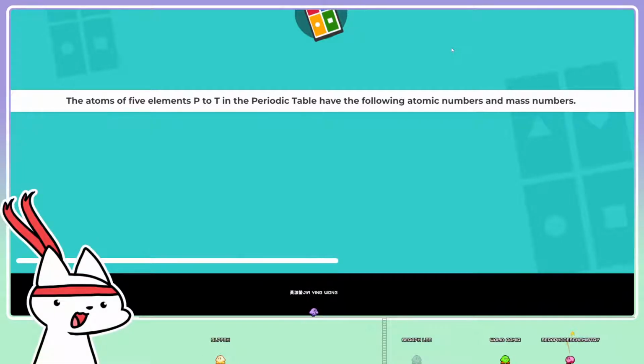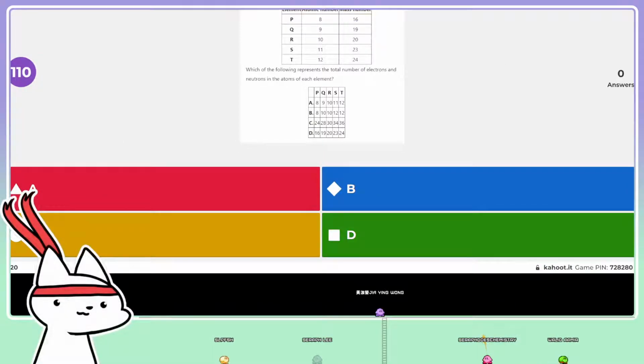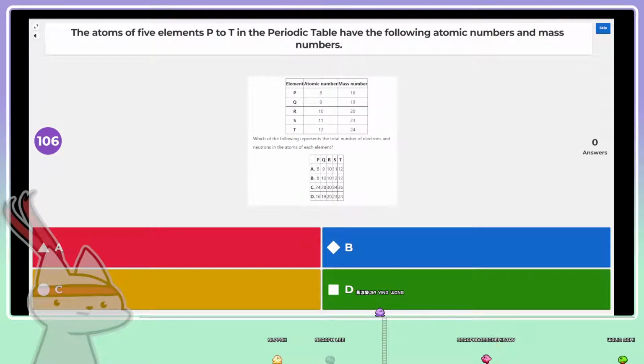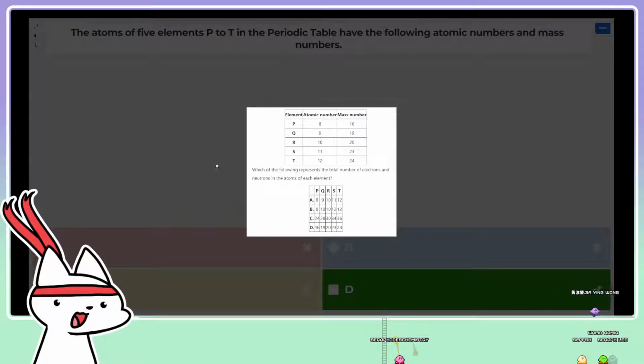The atoms of 5 elements, P to T. For this question, it says atomic number.